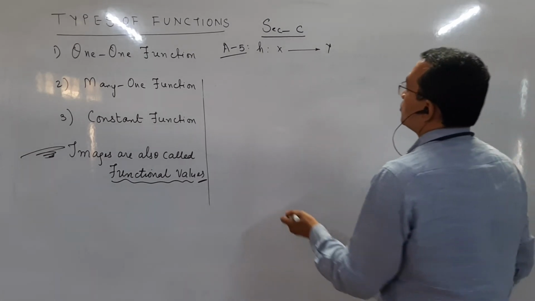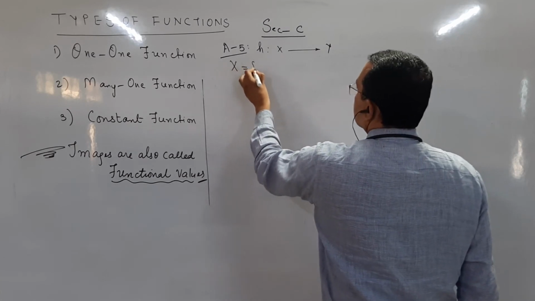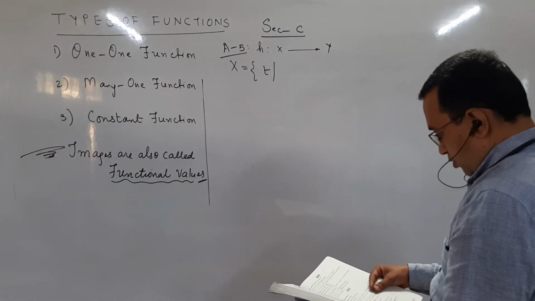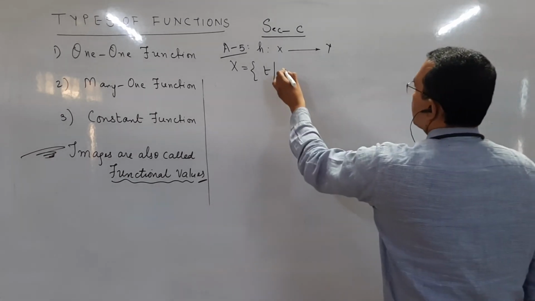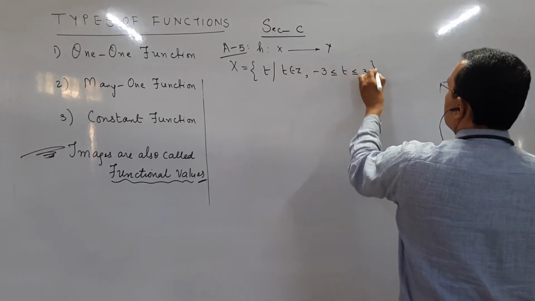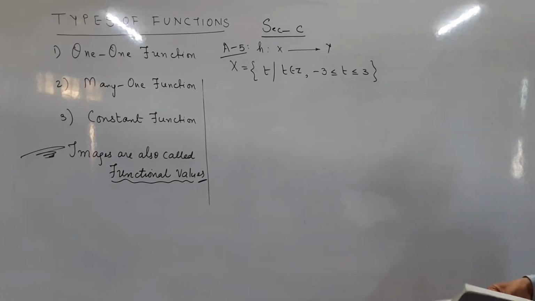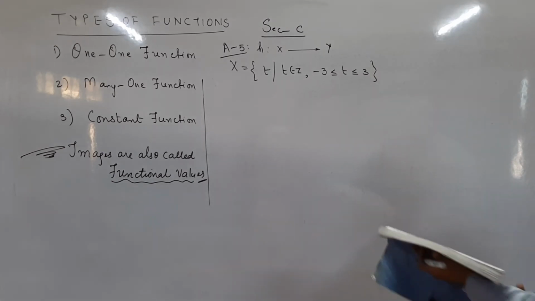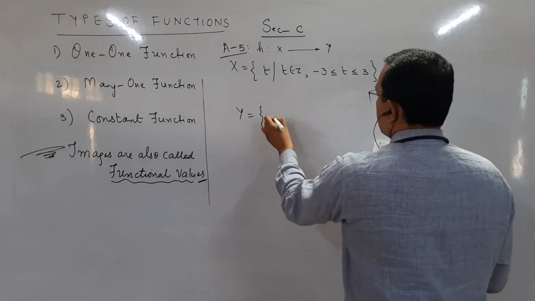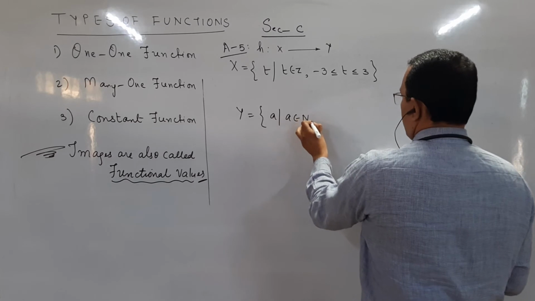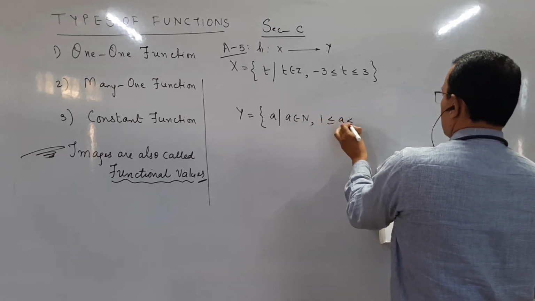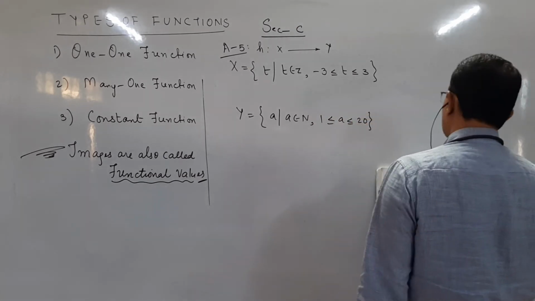X is equal to t such that t belongs to z and minus 3 less than or equal to t less than or equal to 3, and y is equal to a such that a belongs to n and 1 less than or equal to a less than or equal to 20.